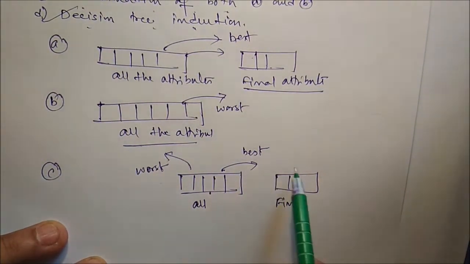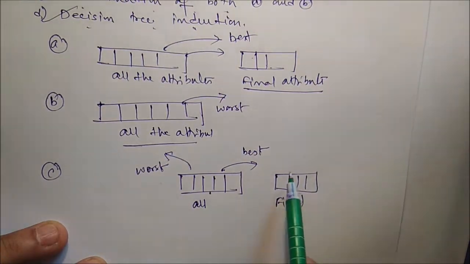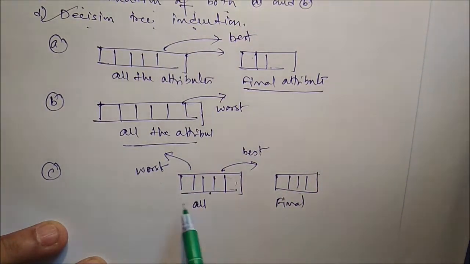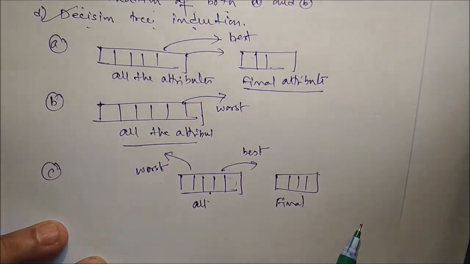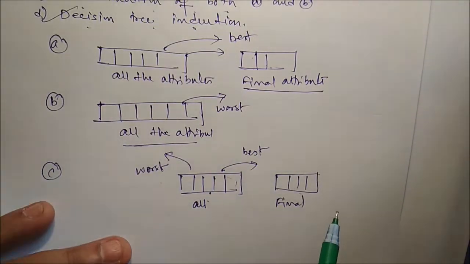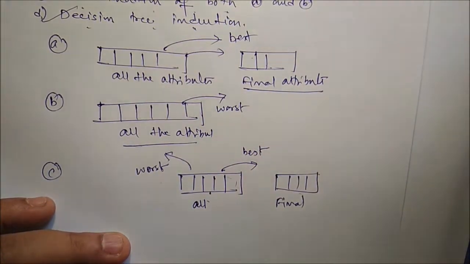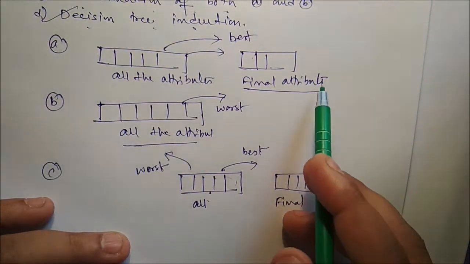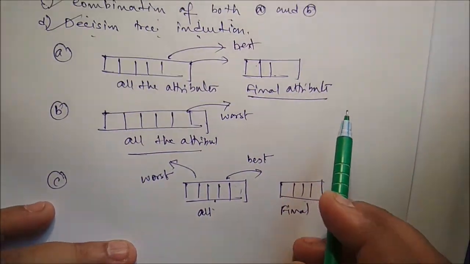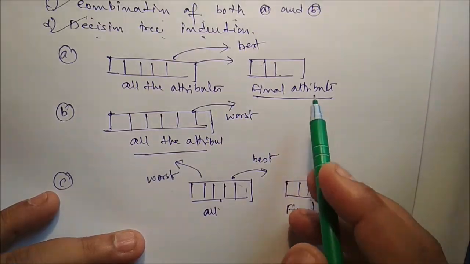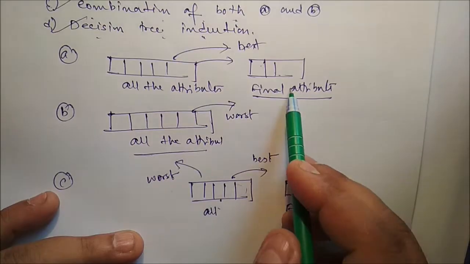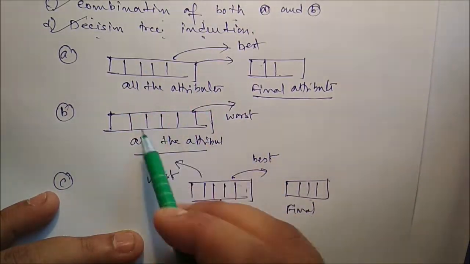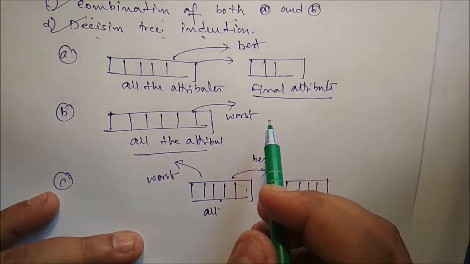If we select the best one, we can create the final set, and similarly from all the attributes we can remove the worst one, so that we can implement attribute subset selection efficiently. But remember one thing: while selecting the final attributes, the distribution of the database with the final attributes must be the same as the distribution with all the attributes, or near.